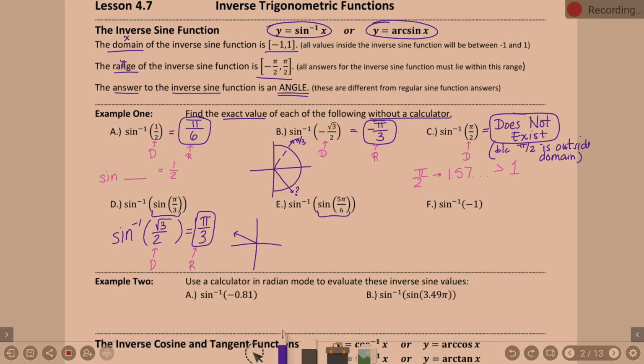Think about this. What is the reference angle for 5 pi over 6? Because we have to reference this to pi over 6, pi over 4, pi over 3 from our chart here. So this kind of goes back to what we did in our previous lesson. 5 pi over 6, what is my reference angle there?